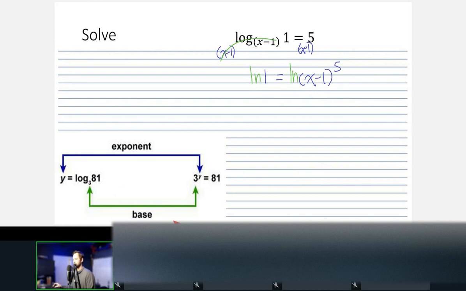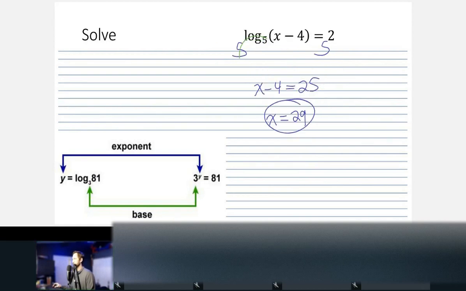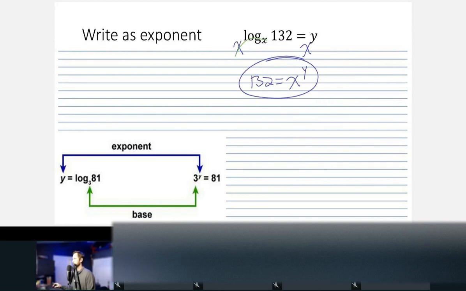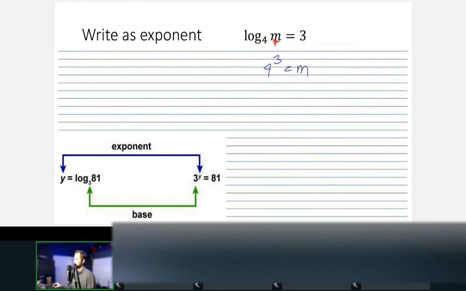Whenever I look at a different example here, check this out. 4 to the third power equals m, which is what we got. So 4 to the third power, what's 4 cubed? 64.